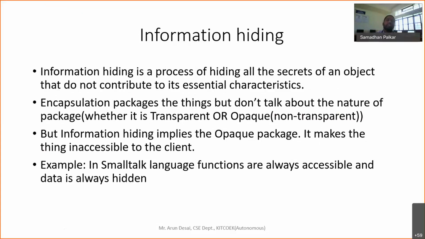Encapsulation is basically of two types. If you talk about packages, or a bundle of encapsulation, that possibly can be transparent or non-transparent, or you can say opaque. But information hiding is basically non-transparent, right?